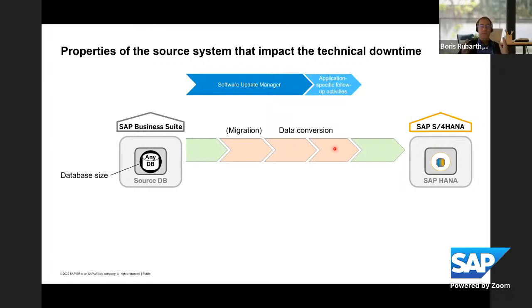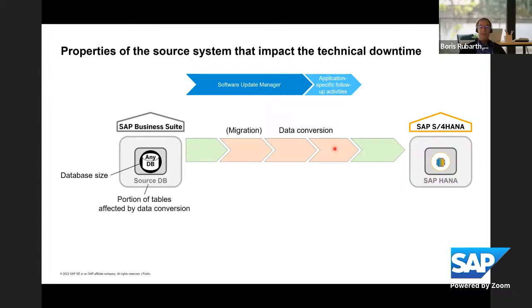First aspect is, of course, you can imagine source database size. The bigger the database, the longer the procedure takes. The longer the migration takes, the longer the data conversion takes. So you may consider archiving first before you start the conversion.